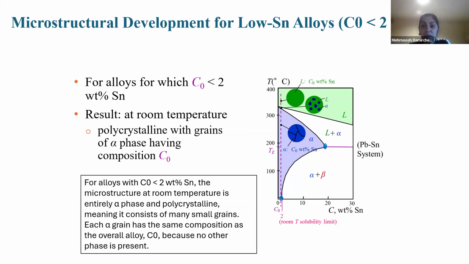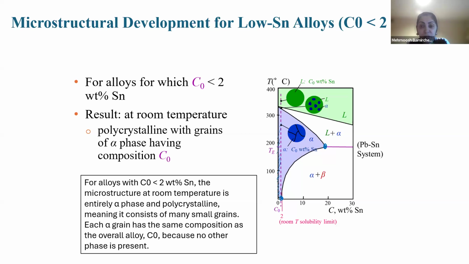So for alloys with very low Sn content, meaning lower than 2%, the microstructure at room temperature is entirely alpha, meaning we are talking about less than this at low temperatures. It means it is entirely the alpha phase.